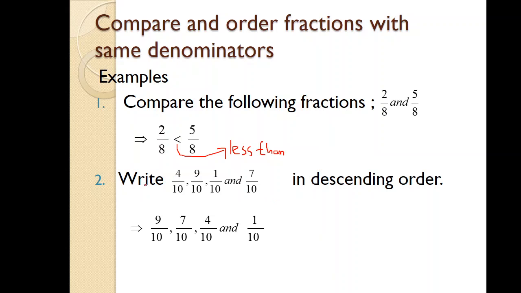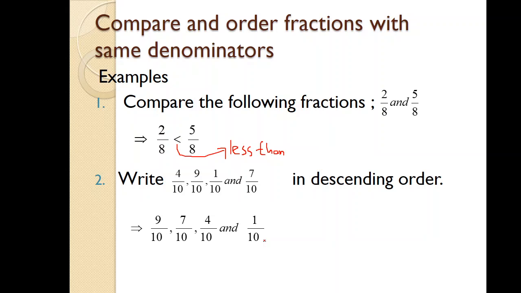If you look at these fractions again, they have the same denominator, so we only have to consider the numerators. The one with the bigger numerator is the biggest one. You start with that one. You can see that 9 is the bigger one. So 9 over 10 is the biggest. From 9 you go to 7. 7 over 10, second biggest. Then 4 over 10, and the smallest is 1 over 10.